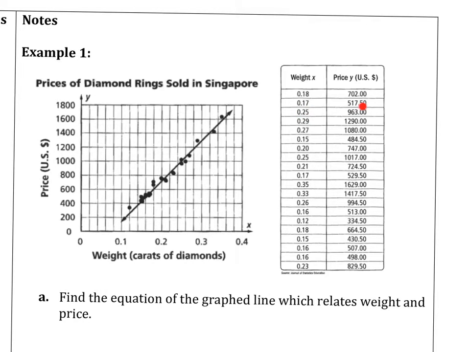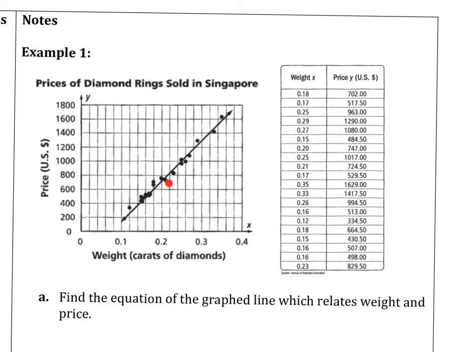Notice I have a quarter, 0.26, and I get almost $1,000 for the diamond ring. So notice it's not just the diamond, there's other material in it, probably gold as well. So that's why this one, at 0.25, is more expensive than the 0.26, probably because of the other material.